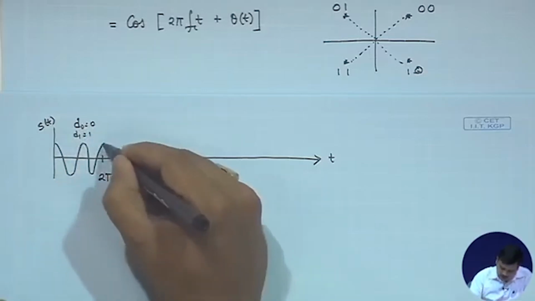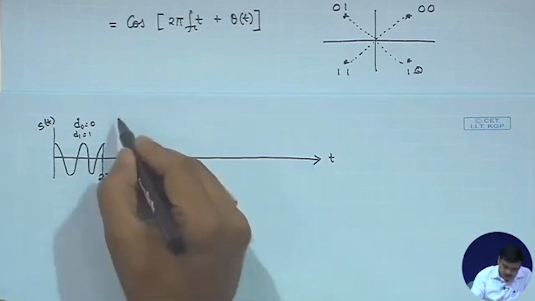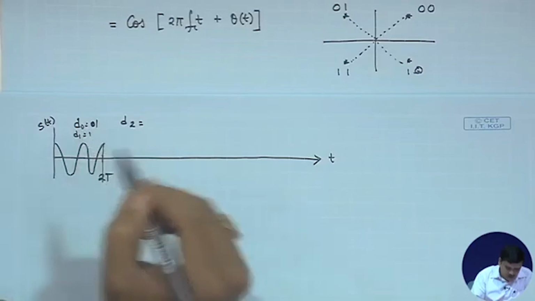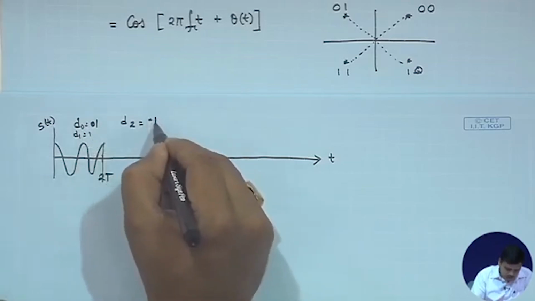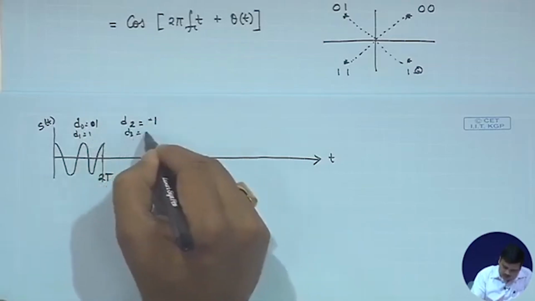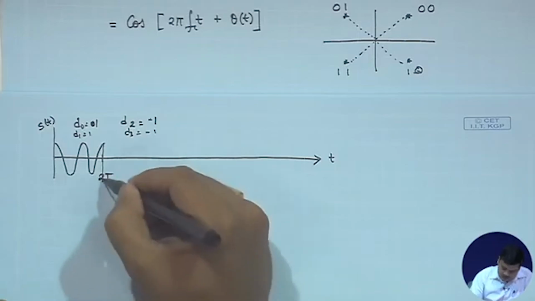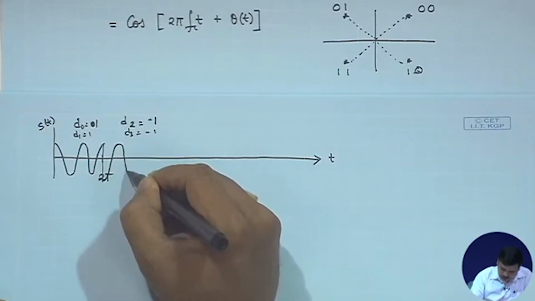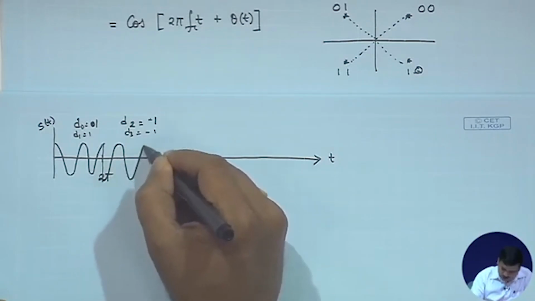In the next interval you are going to get d2, sorry, this is equal to 1 and this is equal to 1, d2 equals minus 1, d3 equals minus 1, and your waveform could take a shape which looks like this.